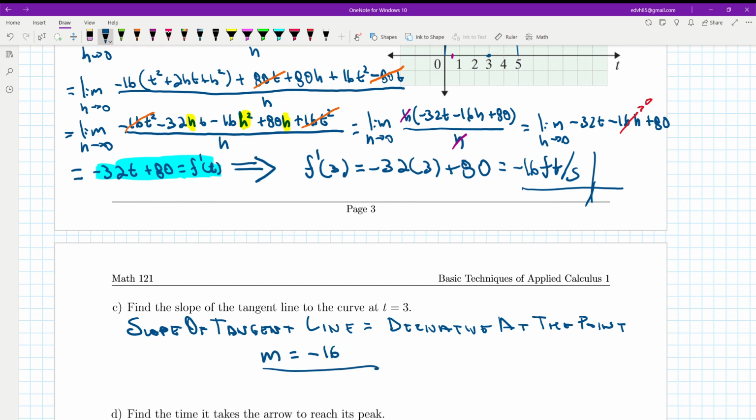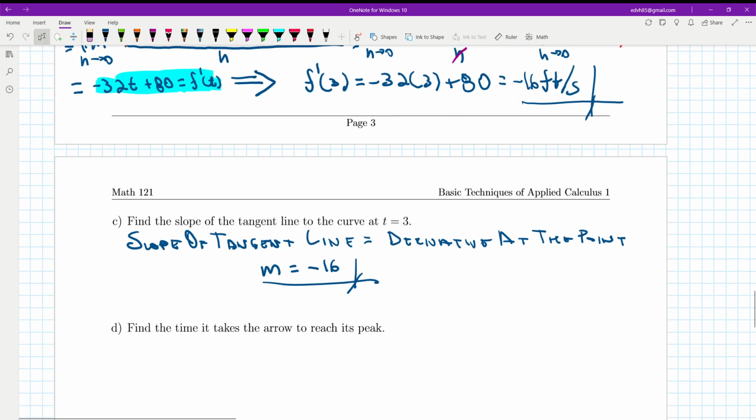Notice I'm not going to write feet per second, because they're not asking me for the velocity, but rather for the value of the slope, which in this case is negative 16.